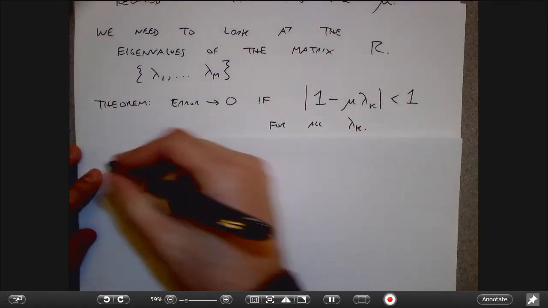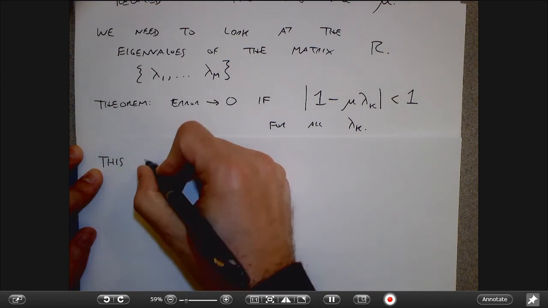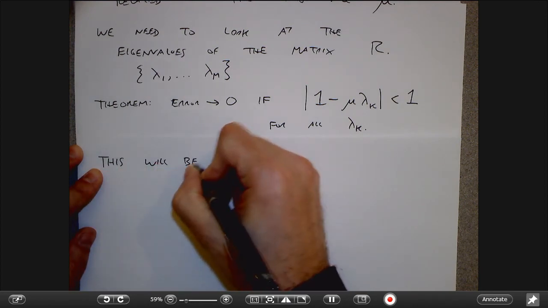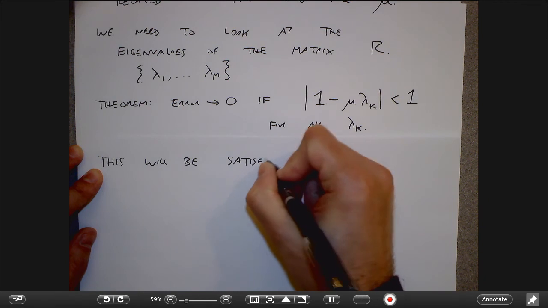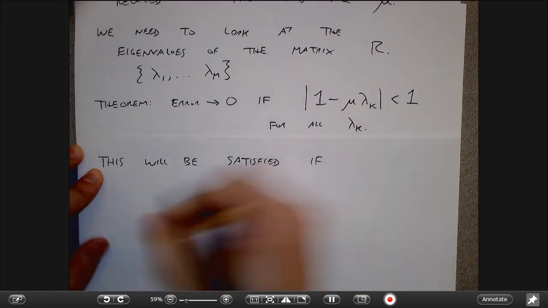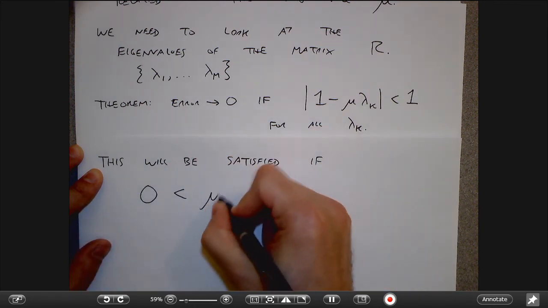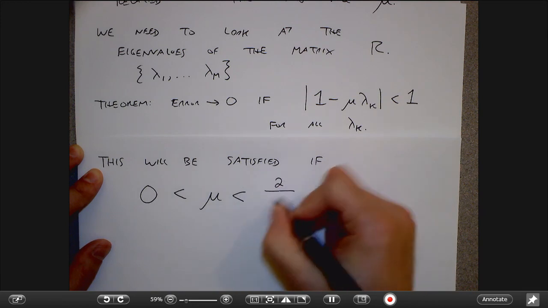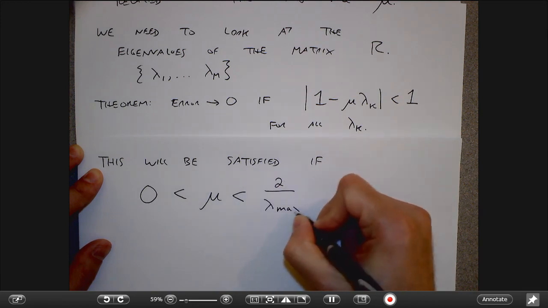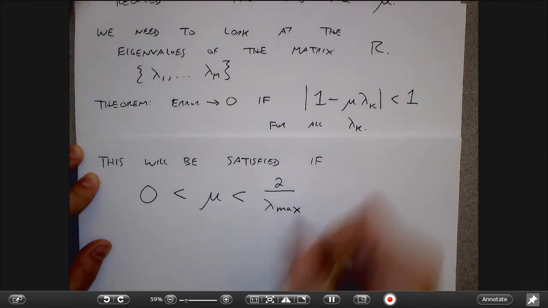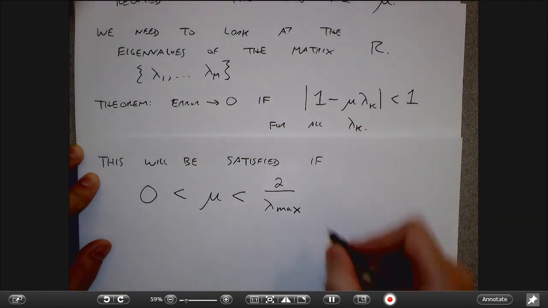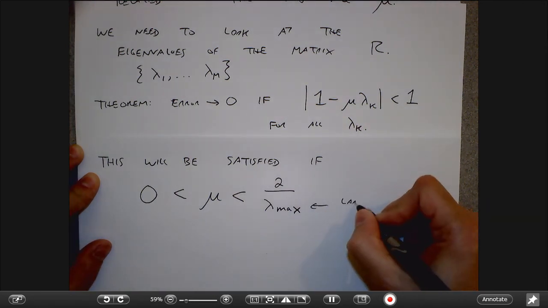This will be true if the step size is some positive number that is less than this relationship involving the largest eigenvalue of R.